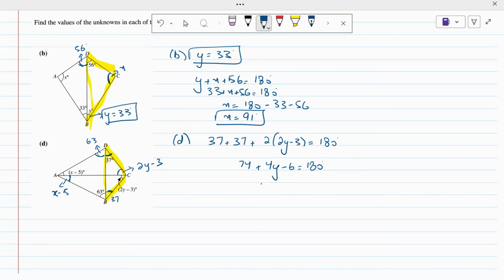So 74 minus 6, that's 68. So 180 minus 68, and 4y is equal to 112. Y is equal to 28. 112 divided by 4 is 28.